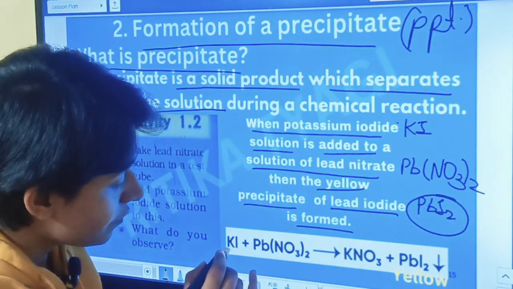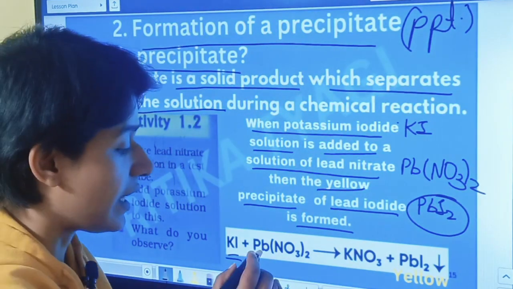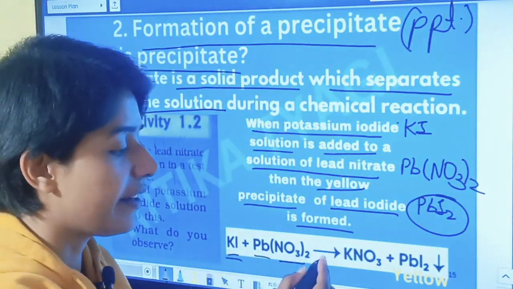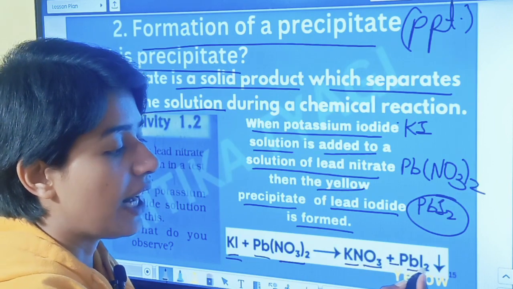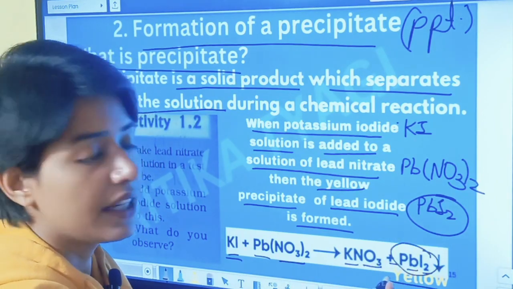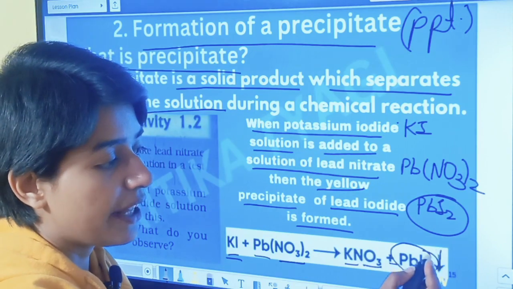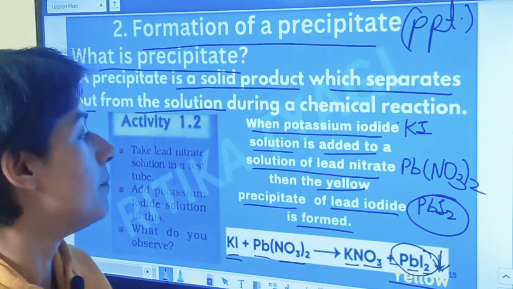As shown, KI plus Pb(NO3)2 react to form potassium nitrate plus lead iodide. Here lead iodide is a PPT, yellow in color. The downward arrow shows that it has settled down at the bottom of the beaker.